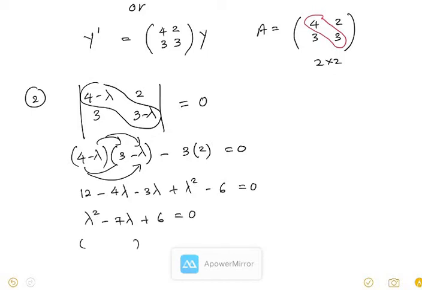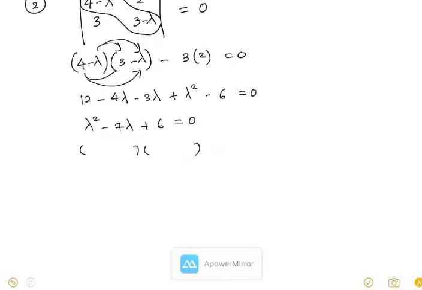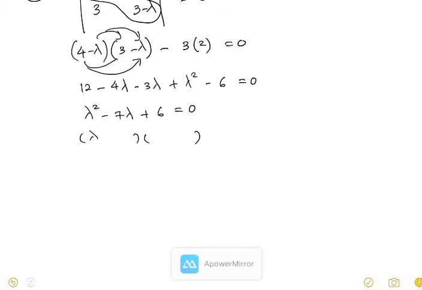So you can factorize it. I factorize it and get lambda equal to 4 and lambda equal to 3. So these are my eigenvalues.